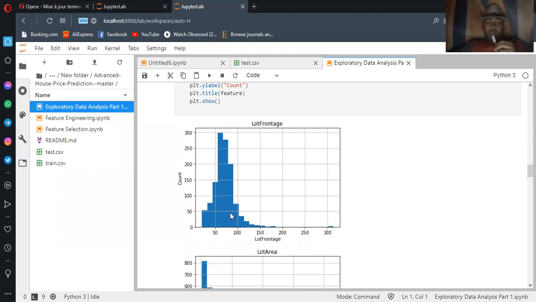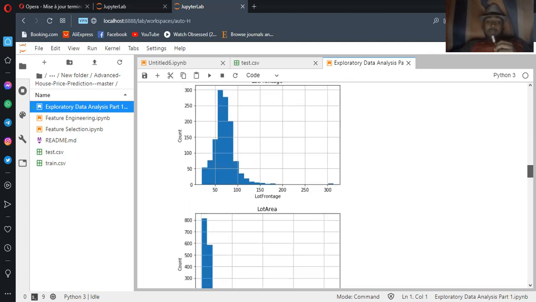Okay. Most of the data is frequent here. There's a lot of frontage in this area between 20 and 80. Okay. So if you look at the median here, the most frequent values are in this interval of 50 and 100.